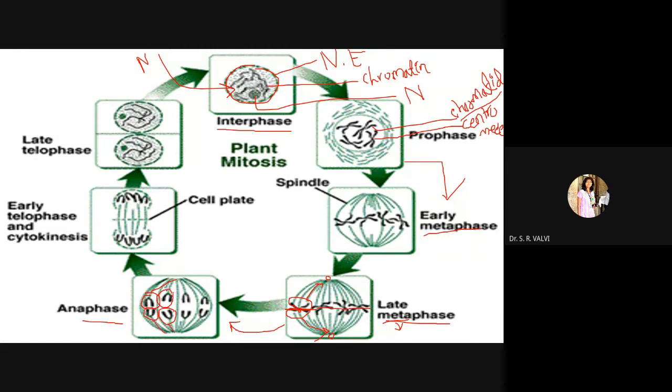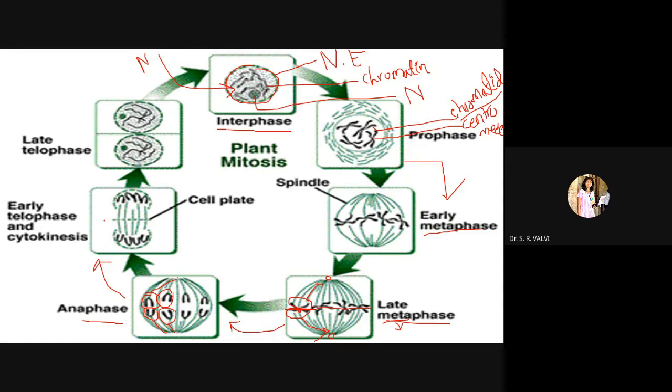So when the late anaphase occurs, all of this will be pulled, or will appear near these opposite poles. Now, when the same cell moves towards the next phase, that is early telophase, here all these chromatids will be towards the opposite poles. And here what I said, in case of prophase, the nuclear envelope disappears, right?